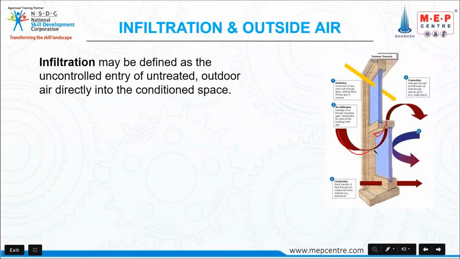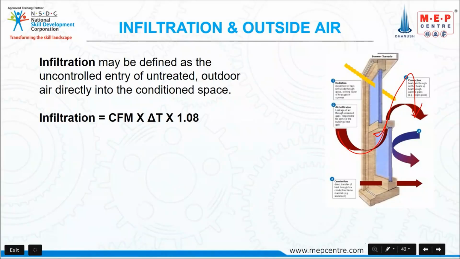From this air also the room heat is increasing, right? Outside, hot air will be there. So as the room heat is increasing, we need to calculate that infiltrated air also. So infiltration equals CFM into delta T into 1.08.